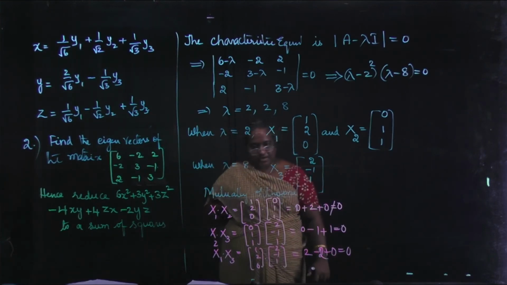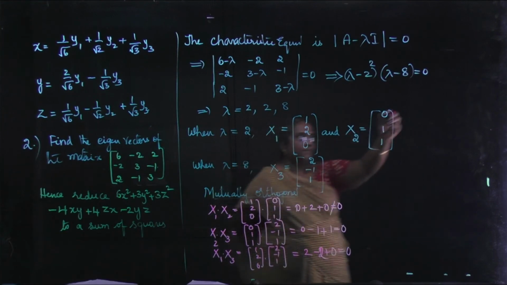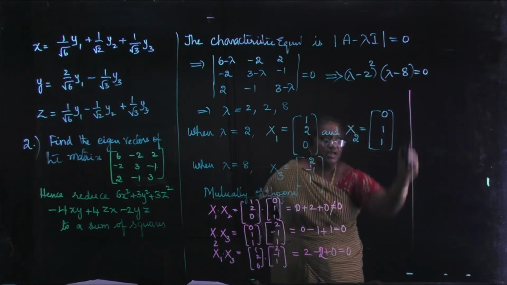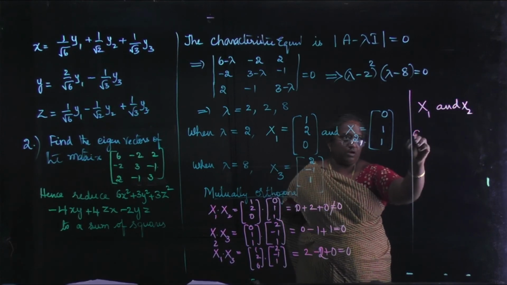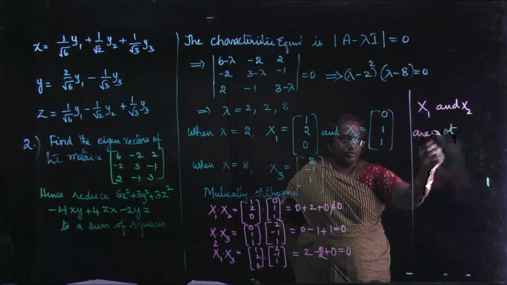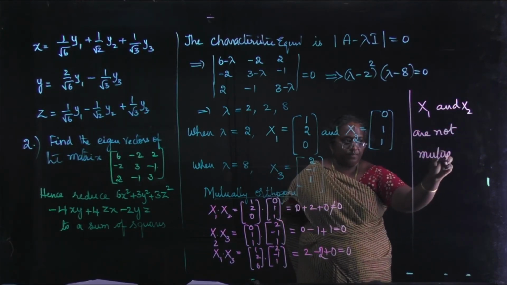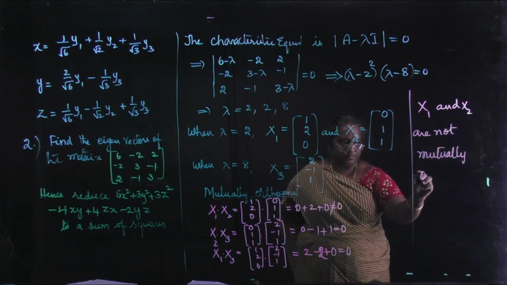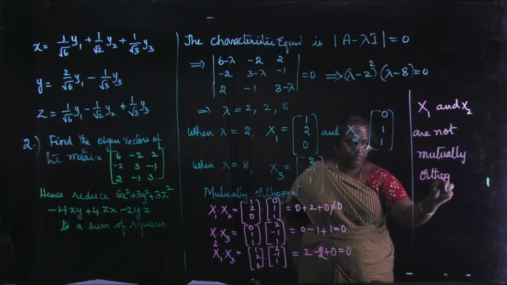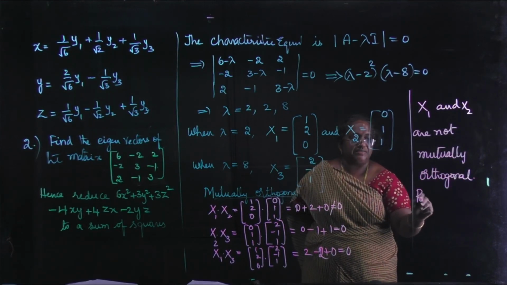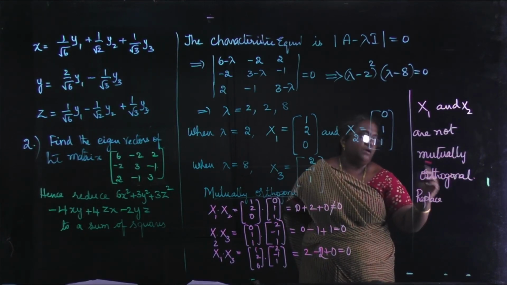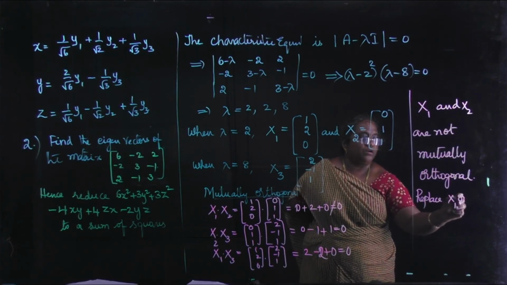So which two vectors are not mutually orthogonal? The vectors x1 and x2 are not mutually orthogonal. So what is that we have to do? We have to replace either x1 or x2.